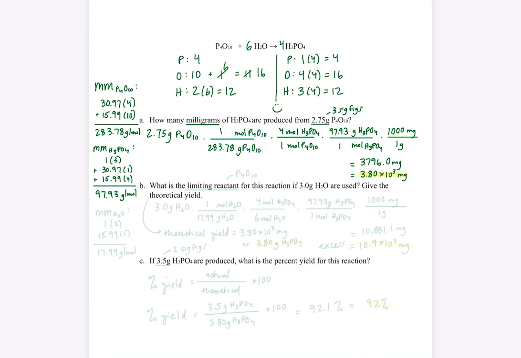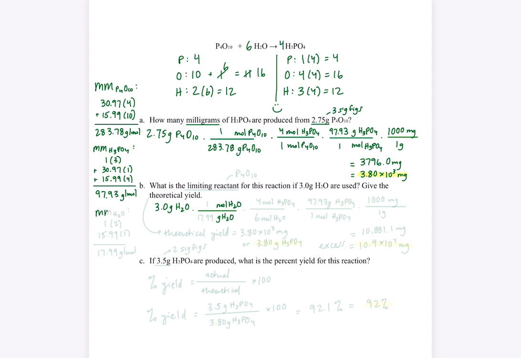Now we can determine the limiting reactant. So we know based on this value how much H3PO4 we can achieve from 2.75 grams of the P4O10. But now it's telling us that we're using 3.0 grams of water. So what yield does that give us? We'll start with the 3.0 grams of H2O, and we need to go from grams of water to moles.